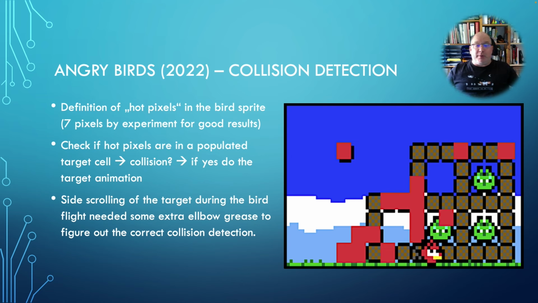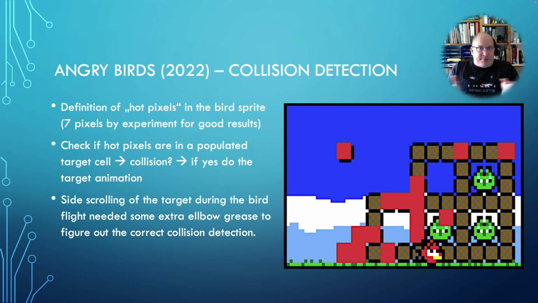One of the hardest problems to solve was implementing a collision detection that really works nicely and gives the user a good feeling that he really hits the target when the bird has contact with a cell, and then the cell content implodes, and you get points for that. So we defined hot pixels in the bird sprite.